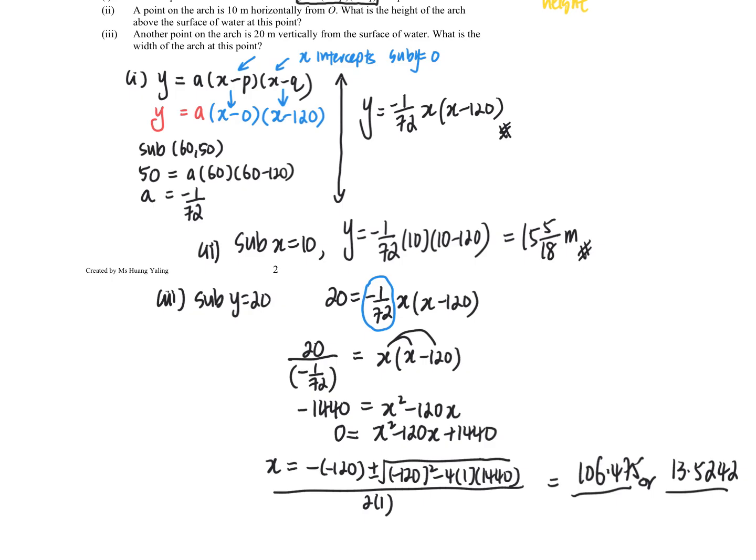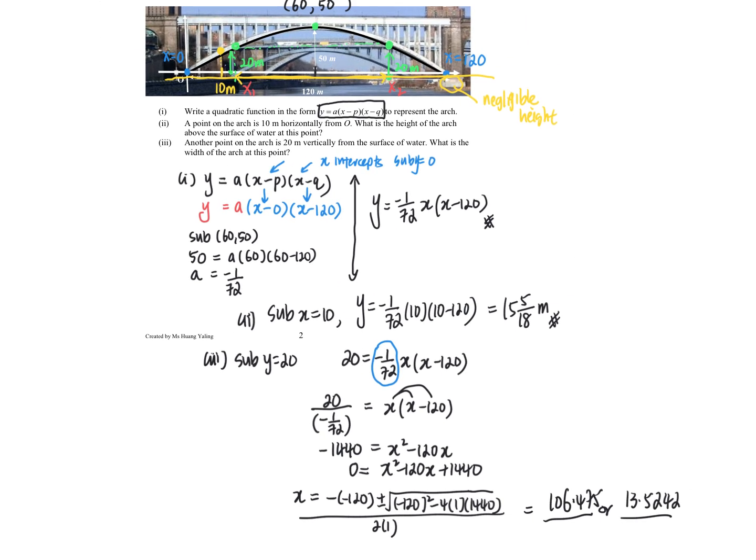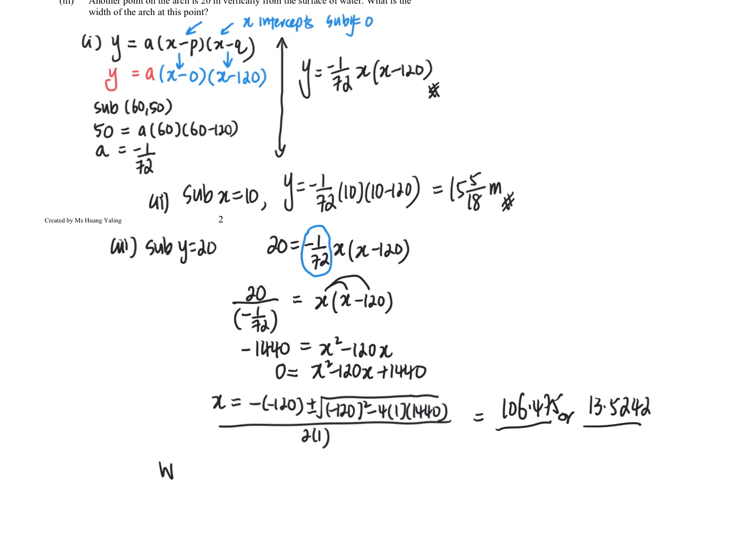13.5242. Okay, so you have these 2 values, which means on your diagram, this first point here is 13.5242. This second point here is 106.475. So what is the width? You just take the difference between these 2. So the width of the arch is the difference between these 2 x points.